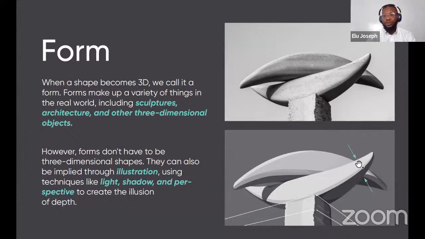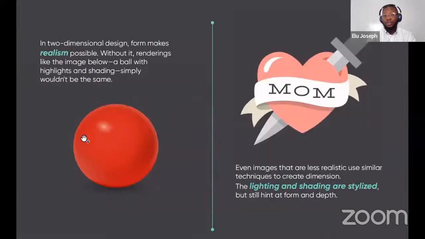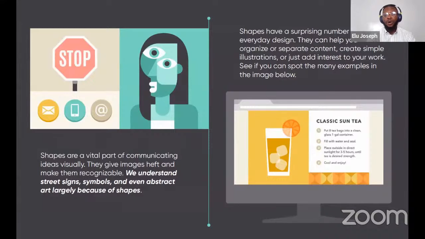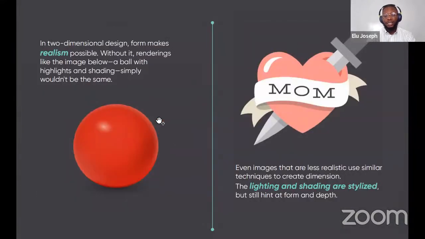And the flat one, which is the second drawing, the form was created because we added light, shadow, and perspective. And I gave you this example, how if this ball was as flat as this one here, it wouldn't make any sense. But form is what makes it be called a ball. Do you get? Because form creates realism.